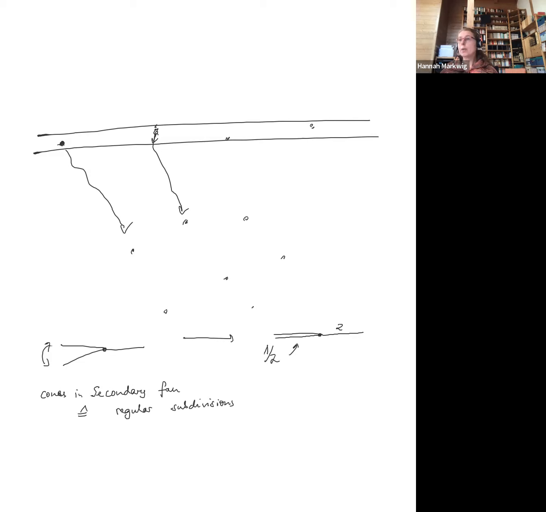And there are programs with which you can compute such, like TOPCOM and MPTOPCOM. Michael Joswig and his group have done a lot, and there are further names to be added. But there are ways to compute those, really.